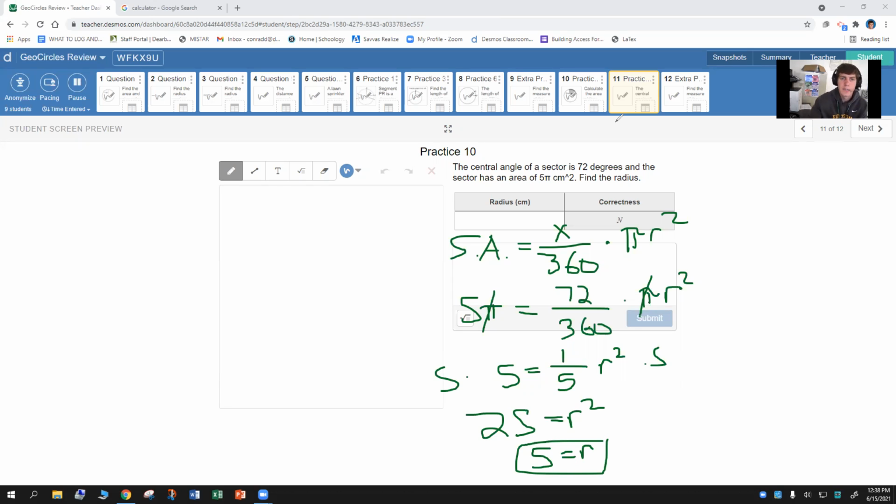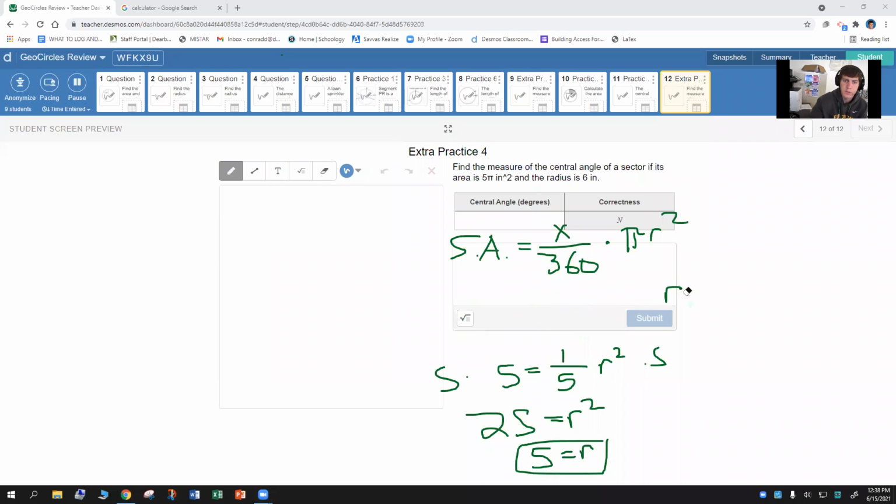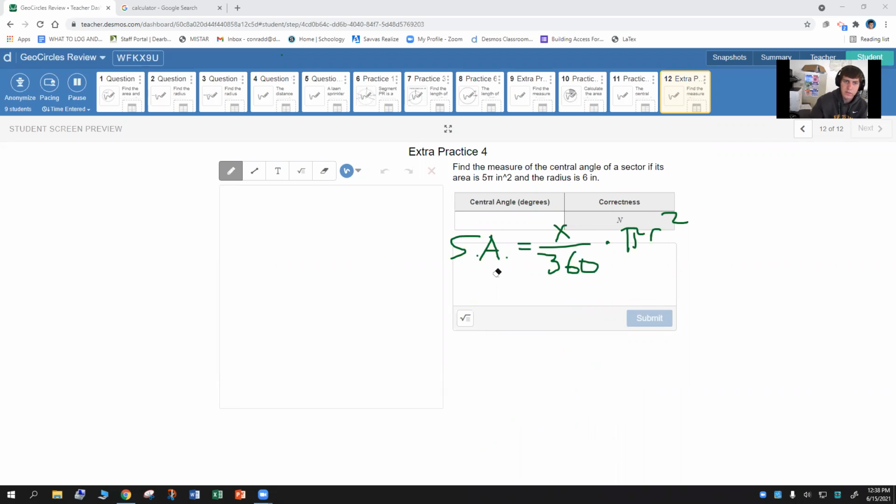All right, the last one, slide 12, is about finding the measure of the central angle. In this case, they're giving us the sector area is 5 pi inches squared. So 5 pi equals x, which is what we're trying to solve for, over 360, times pi, and our radius here is 6.